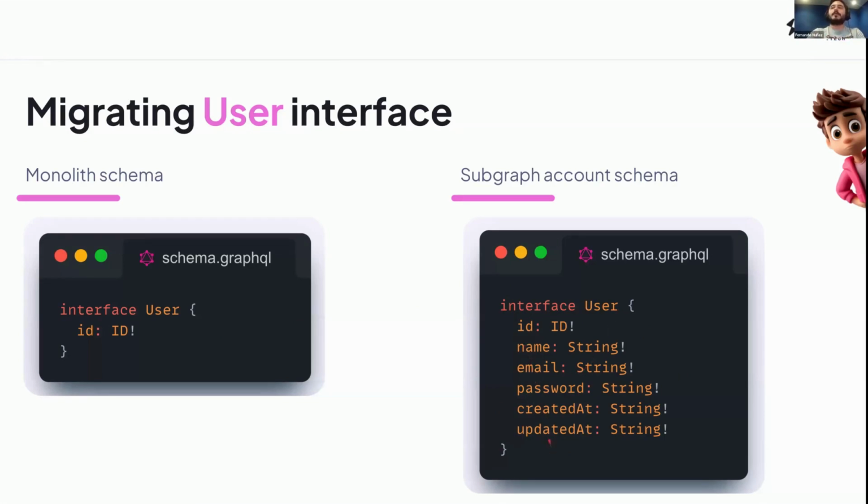This is because all these fields are going to be resolved by the subgraph account, but we still need to keep the ID field in the interface, because the ID, in the case of the users, is our primary key, and we are going to be able to identify the accounts or the users by the IDs through the different subgraphs. So that's why we still need to keep this primary key in the monolith schema.